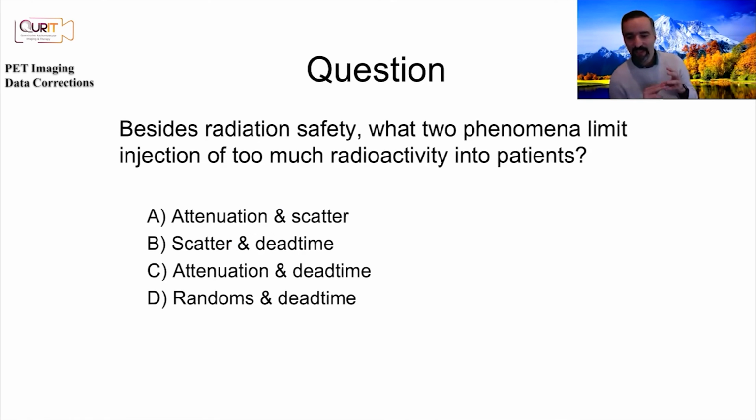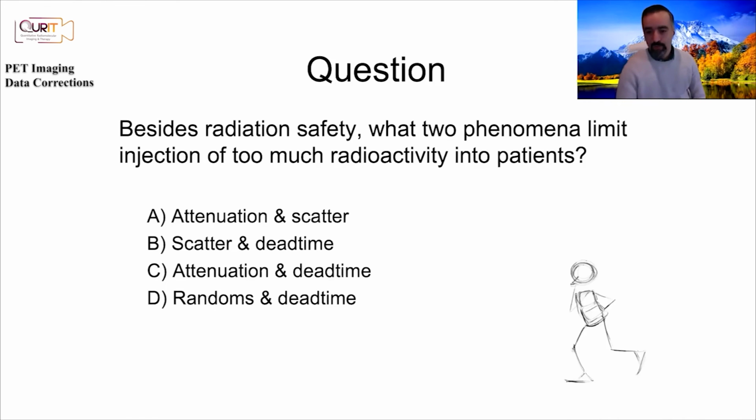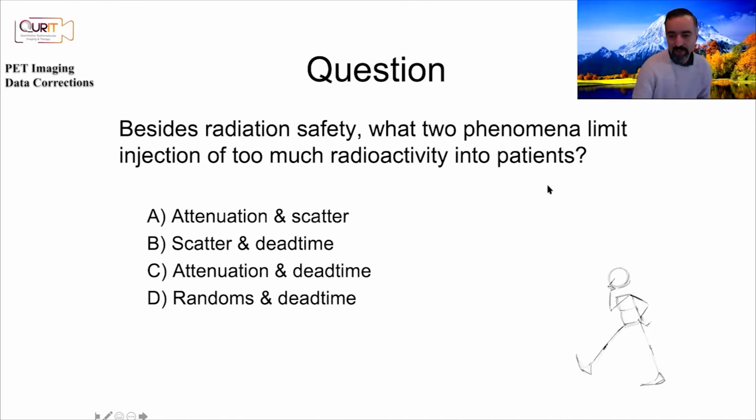What are two things that push you not to inject too much radioactivity into your patients? Attenuation and scatter, attenuation and dead time, randoms and dead time. Which one is it?